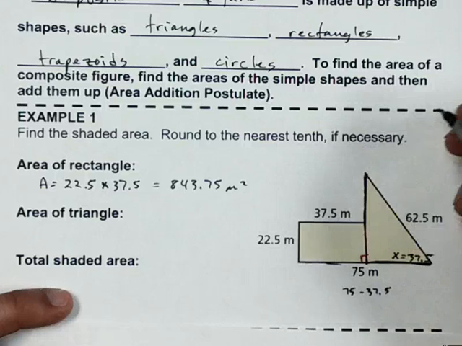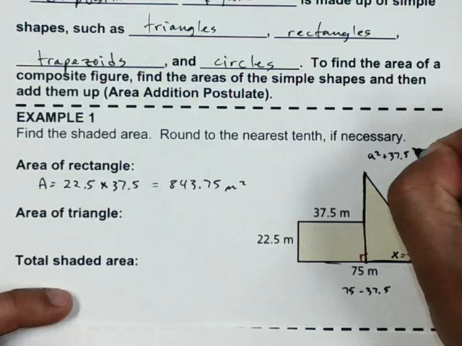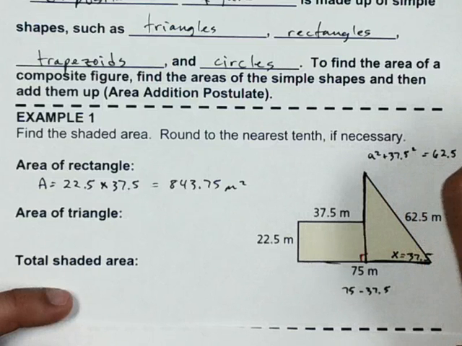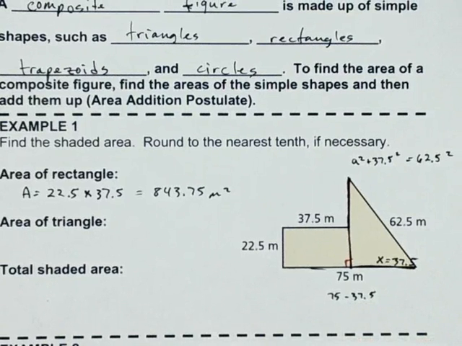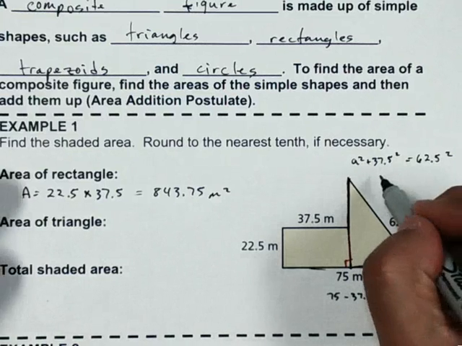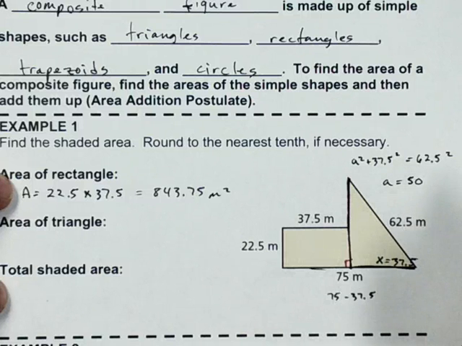So I'm going to set a squared plus 37.5 squared equal to 62.5 squared. I'm doing some algebra here. I figure out that this a is 50. So I know that this right here is 50.